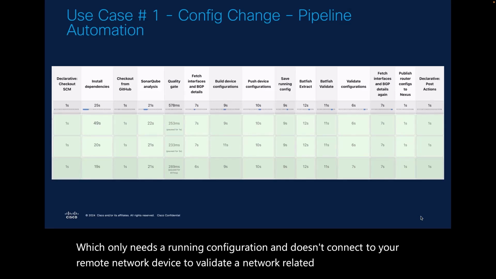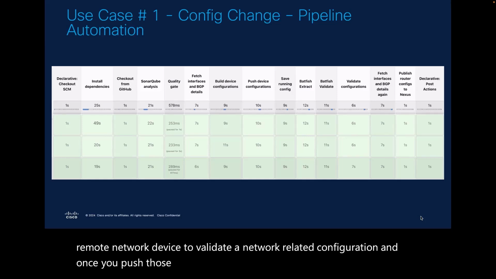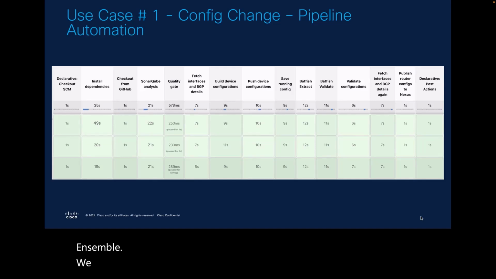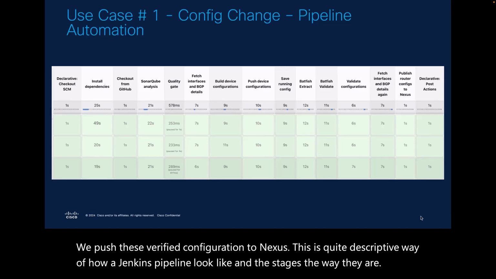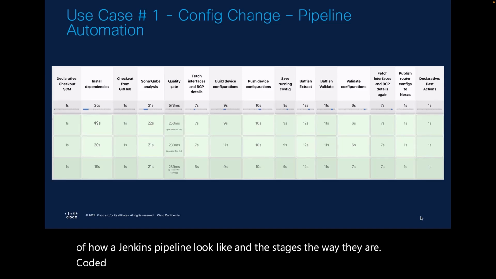And once you push those configurations using your orchestration such as Ansible, we push these verified configurations to Nexus. This is a quite descriptive way of how a Jenkins pipeline looks like and the stages, the way they are coded. Jenkins gives you functionality to hover over these green boxes and look at the logs even.